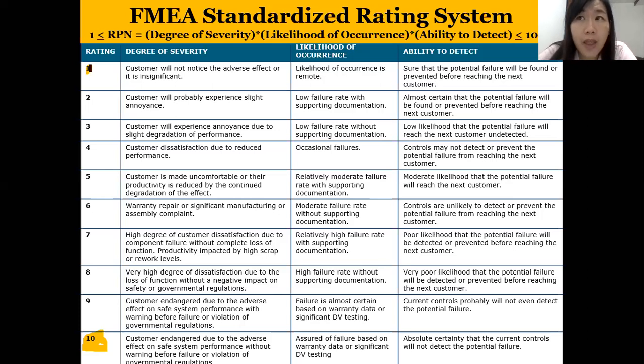We're talking about safety problems. If the failure is related to an exploding machine or fire in the building, we can call it severity 10, although it seldom happens. The occurrence might be low for explosions, but the severity, if it explodes, employees might be hurt and taken to the hospital.